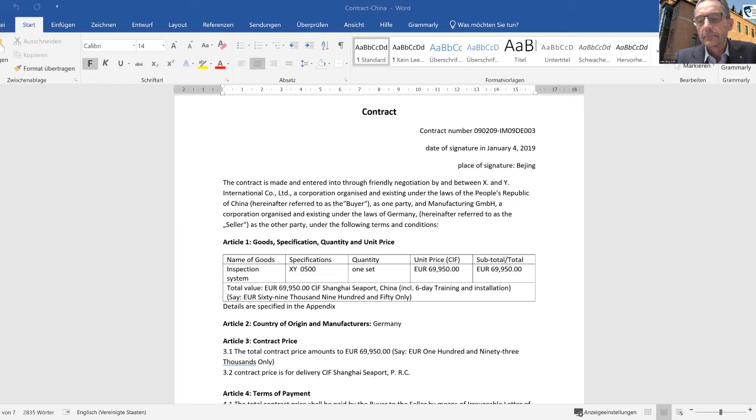Now, it seems that it is not the case here, but that's the first difficulty. And the contract price, as you have seen, CIF, Shanghai Seaport, in the People's Republic of China. But that is a mistake. So really a mistake, not only an interpretation of what is better, it's a real mistake.